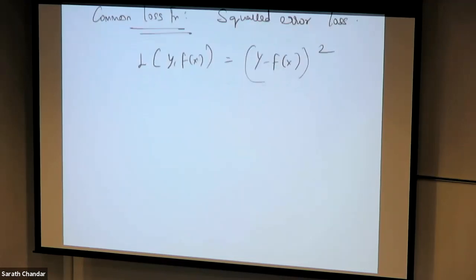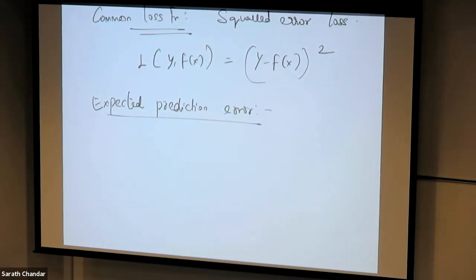Given that the data comes from a distribution, now I can ask questions like, what would be the expected prediction error for a function? Let's just call it EPE of f.